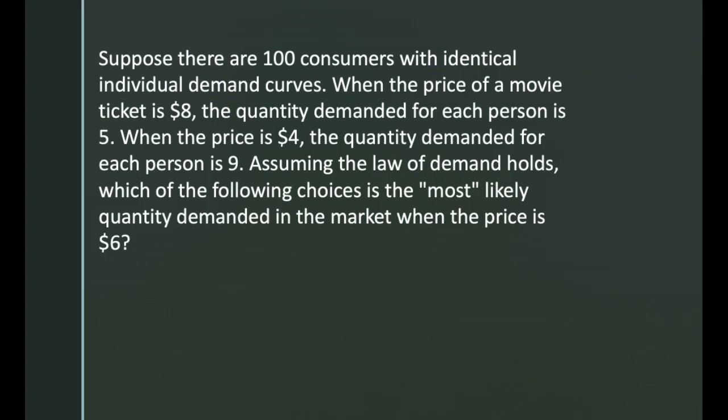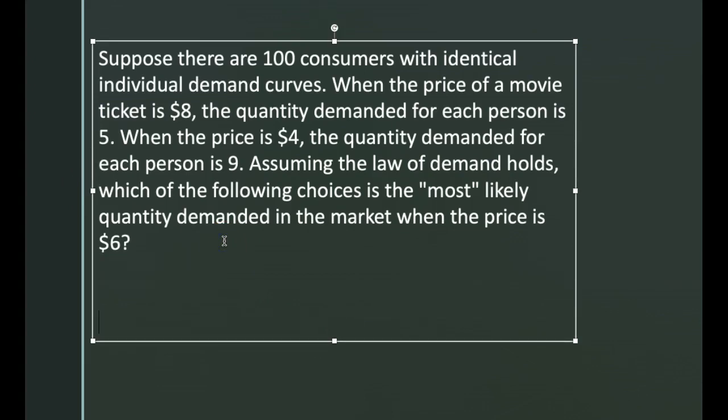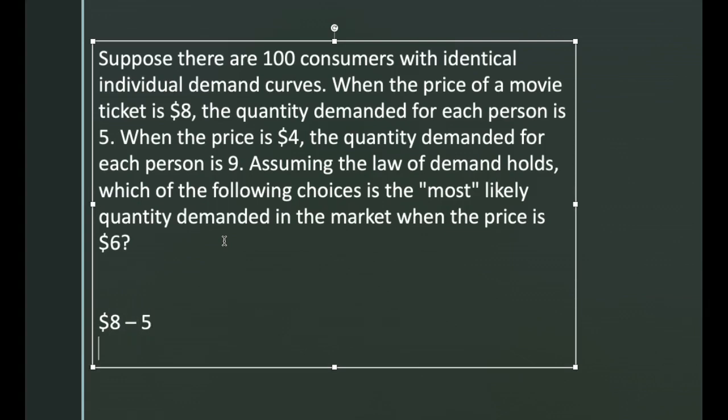If you look here, just write out 8, 6, and 4. Next to it, 8 is equal to 5 demanded, 6 is the question mark which we're looking for, where we don't know what is demanded, and then the next one, 4, is 9 demanded.